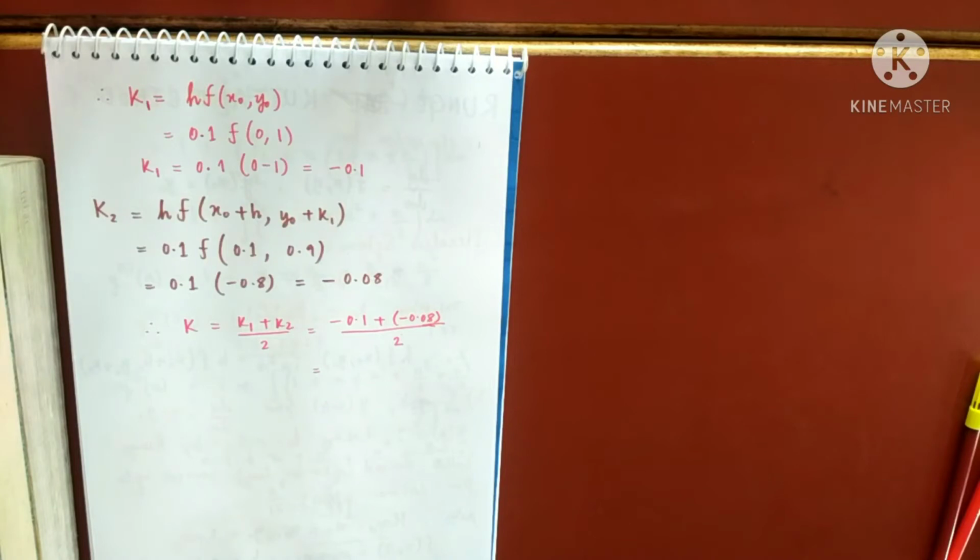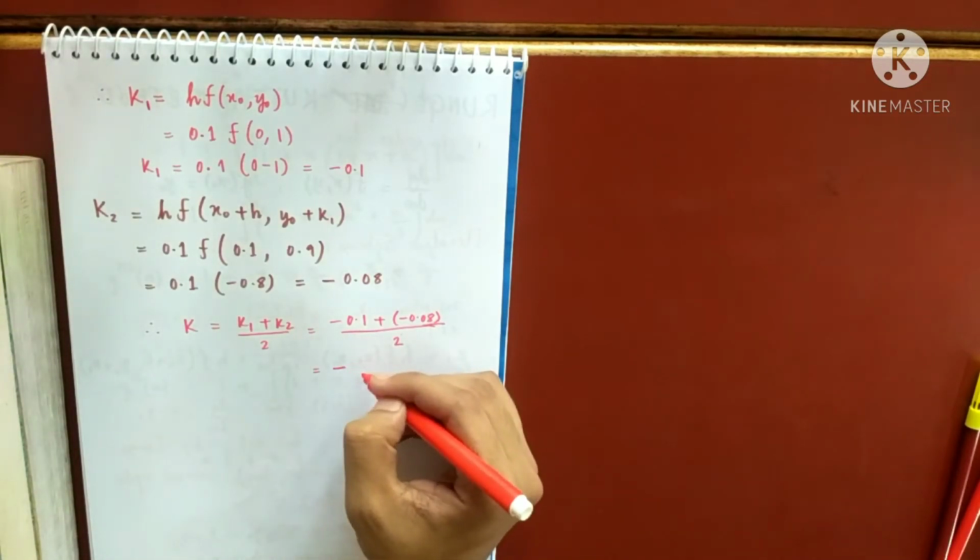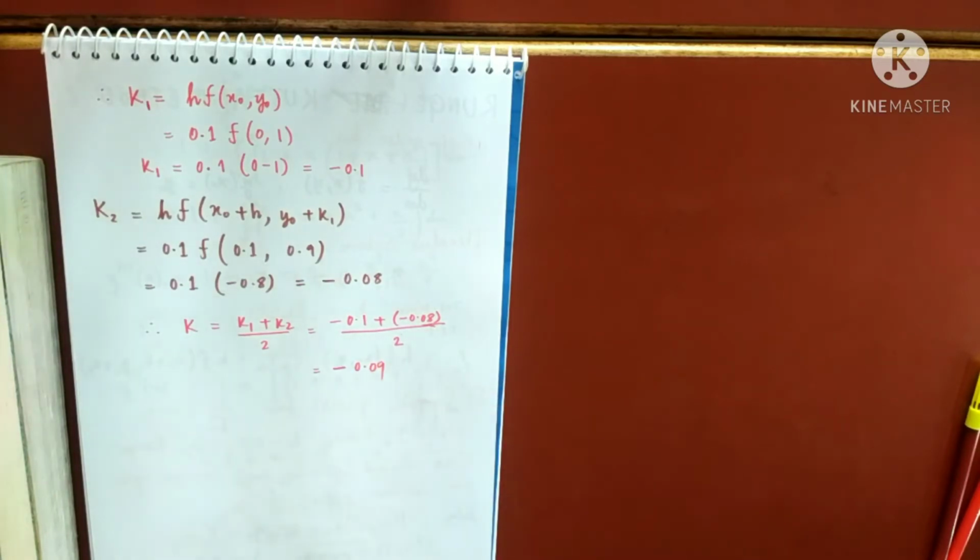Let me check. Okay, I feel that I made some mistake. Minus 0.1 minus 0.08 divided by 2. Okay, we are getting minus 0.09.